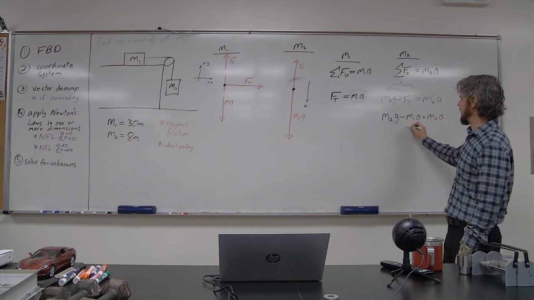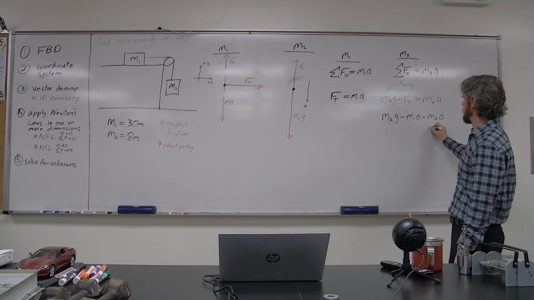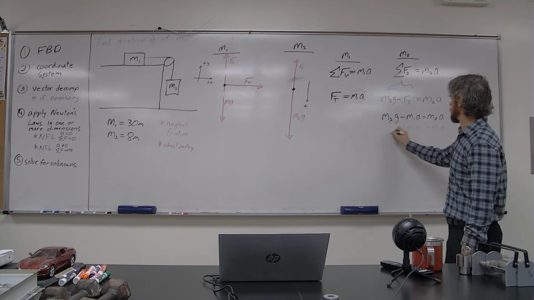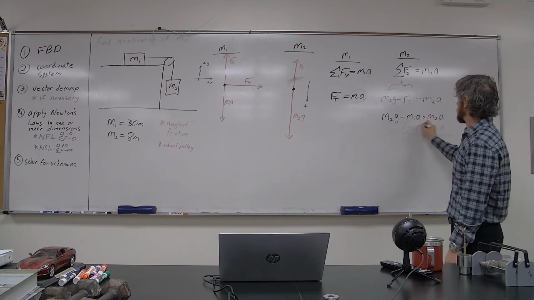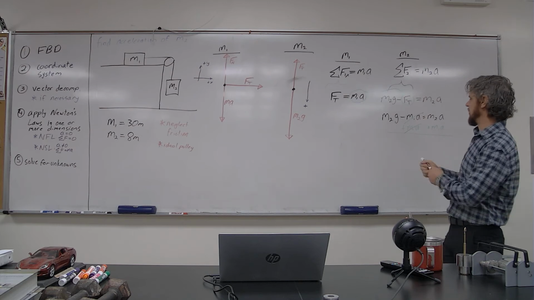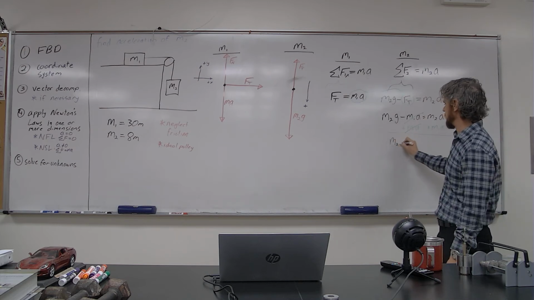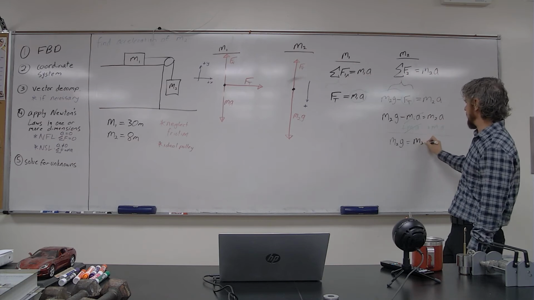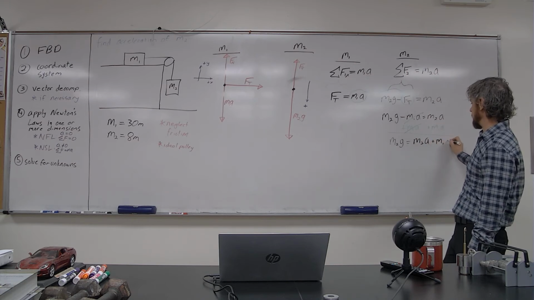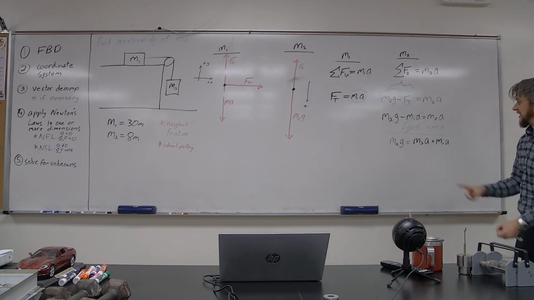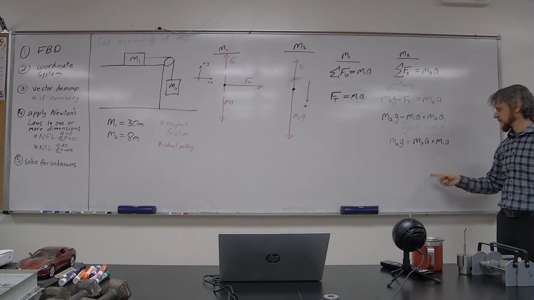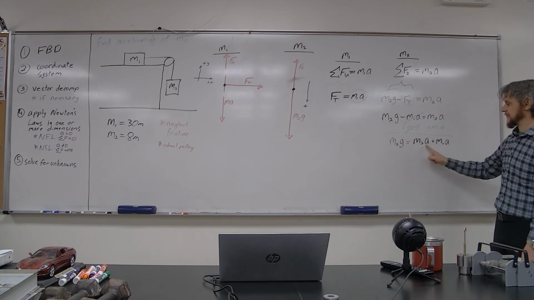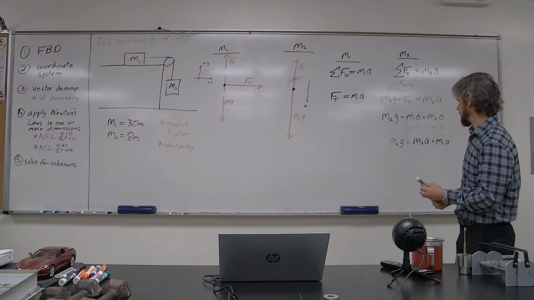I'm going to add M1A to both sides. And when I do that, I just bring down M2G, and that's going to equal M2A plus M1A. And now I can factor an A out of both of these terms, and then I'll be able to solve for it.